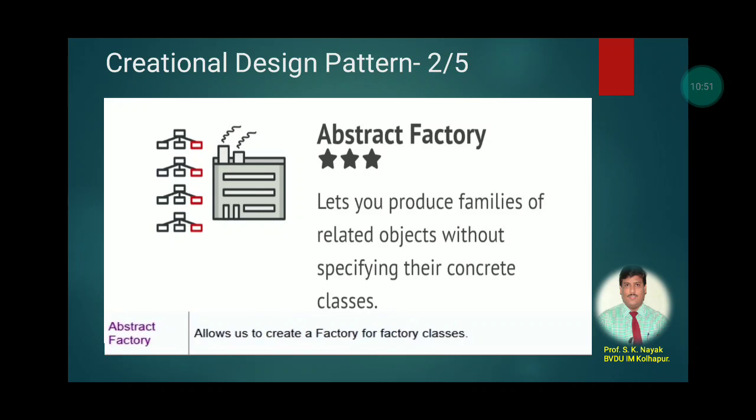Let's see the definition. It lets you produce families of related objects without specifying their concrete classes. That means the abstract factory method allows us to create a factory for factory classes.